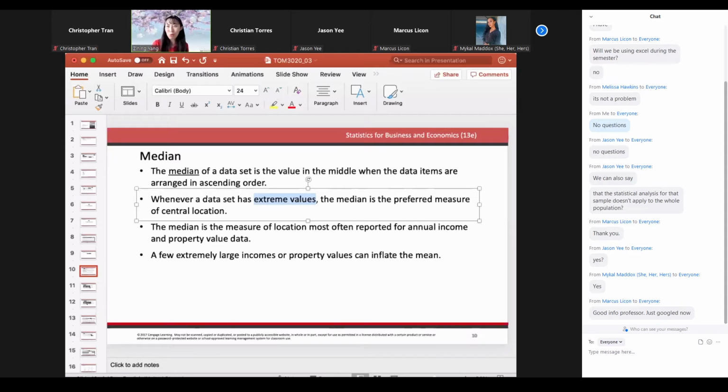When we calculate the average, that one millionaire is going to inflate all our values. You add 50,000, 40,000, 45,000, 42,000, and a million, and divide by the number of people. That millionaire is going to hugely inflate the average.